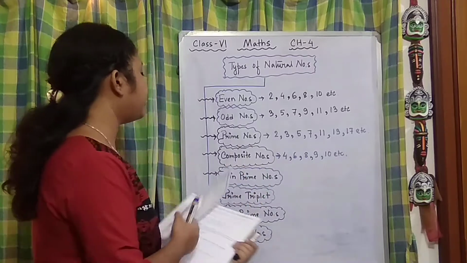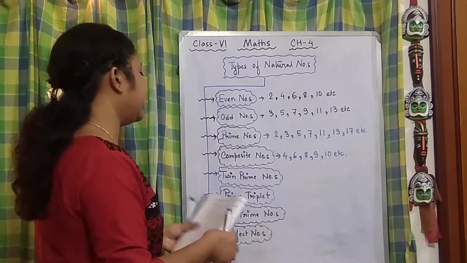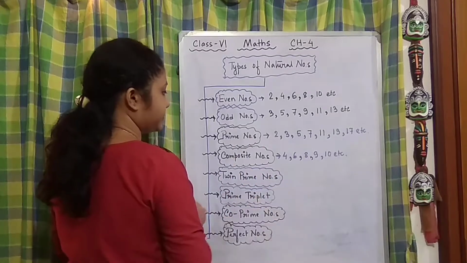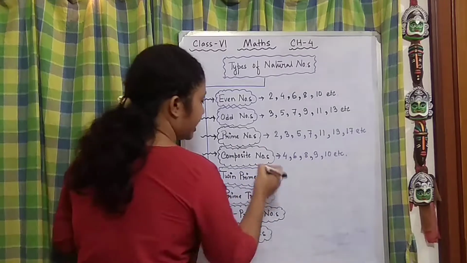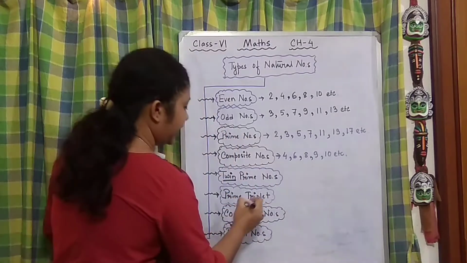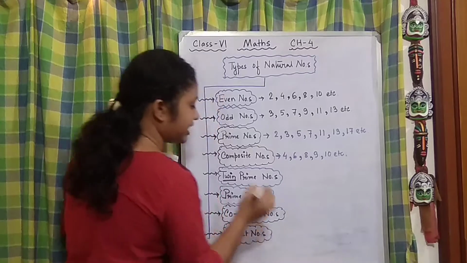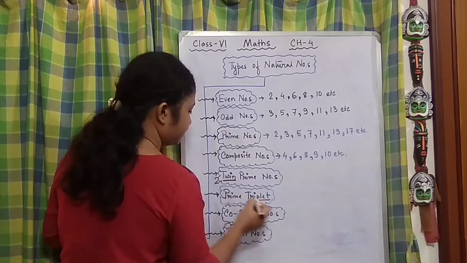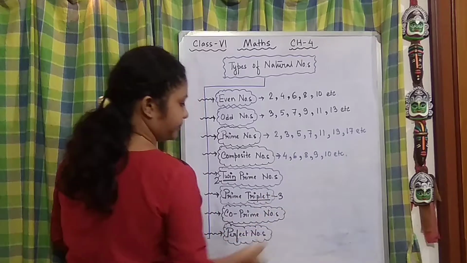Now after composite numbers, coming to the twin primes and prime triplets. From the name you can understand that twin means 2 and triplet means 3.